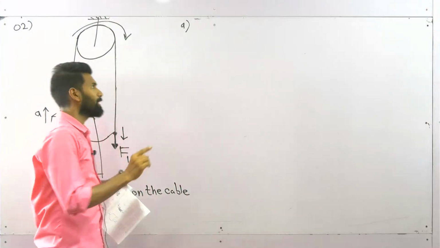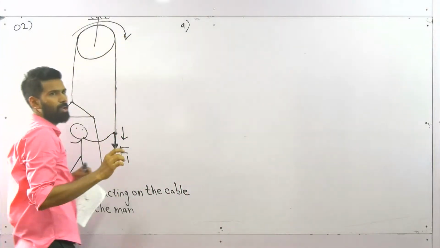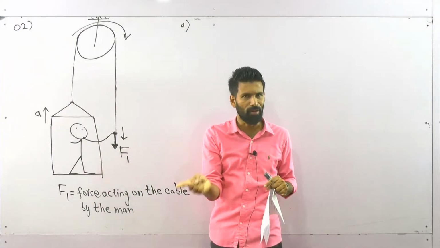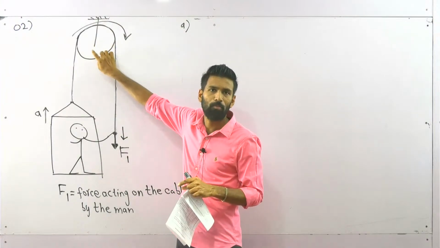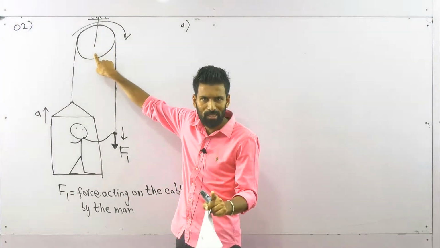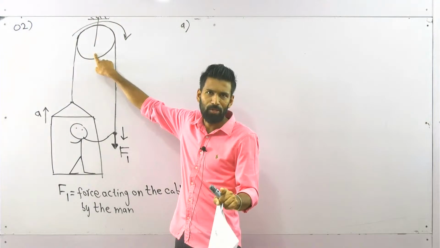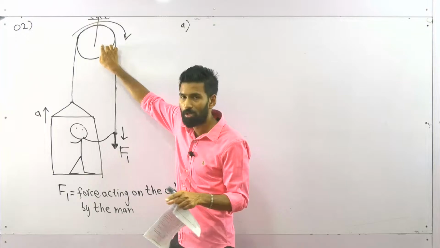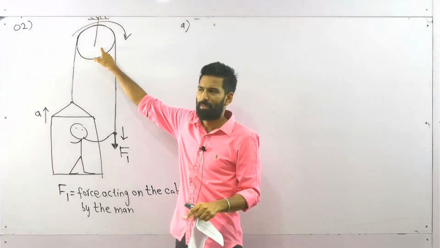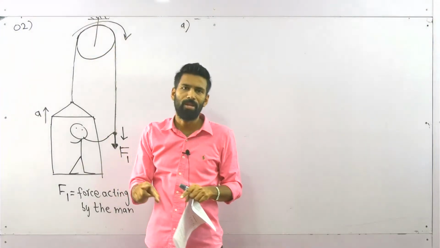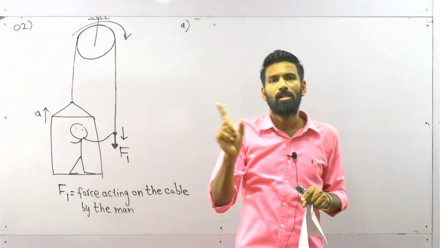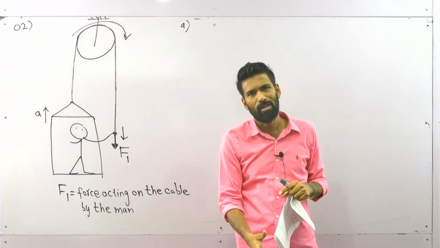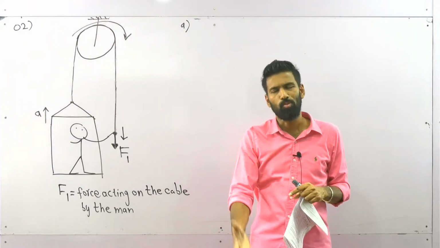And not only that, now this cable is passing over a pulley. To keep the tension equal on both sides, the pulley should also have some properties. The pulley should be frictionless and massless. The cable should be inextensible and lightweight, massless, and the pulley also frictionless and weightless.